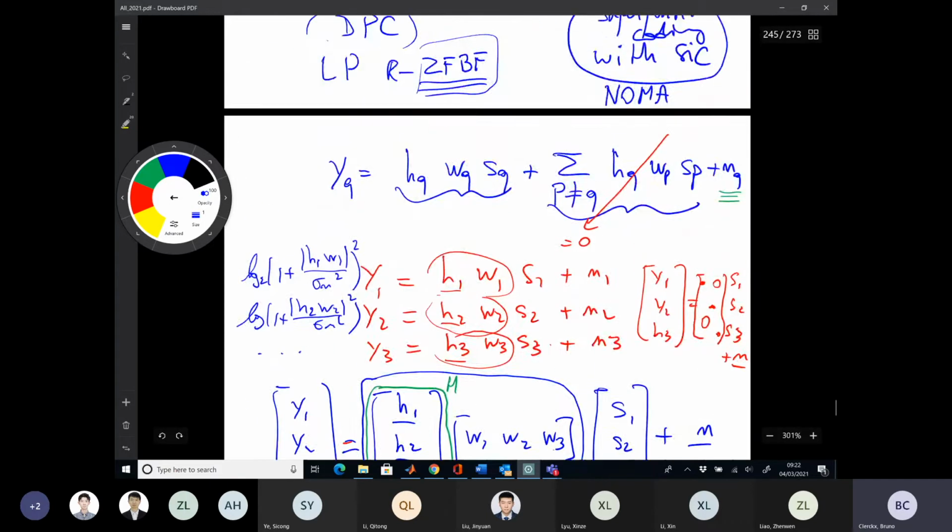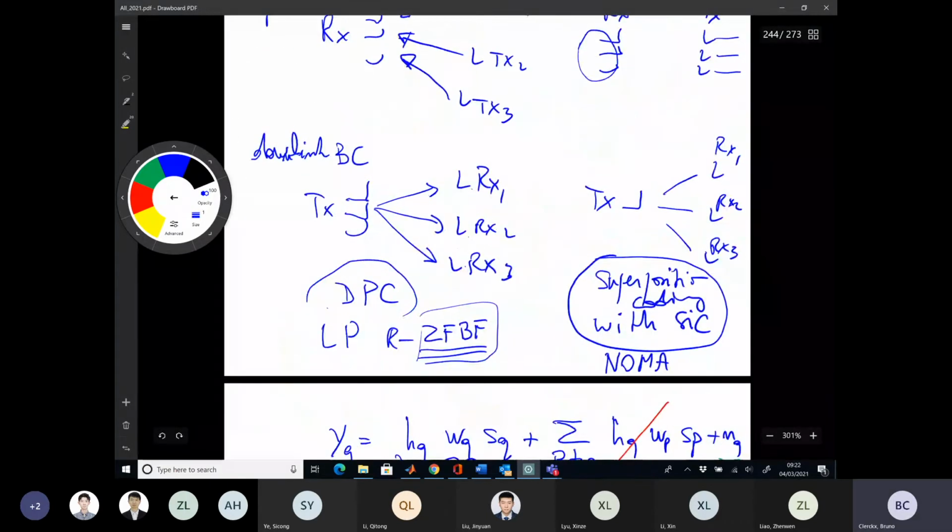If you have k users and NT transmit antennas, the maximum number of interference-free streams will be equal to the minimum between the number of users and the number of transmit antennas.